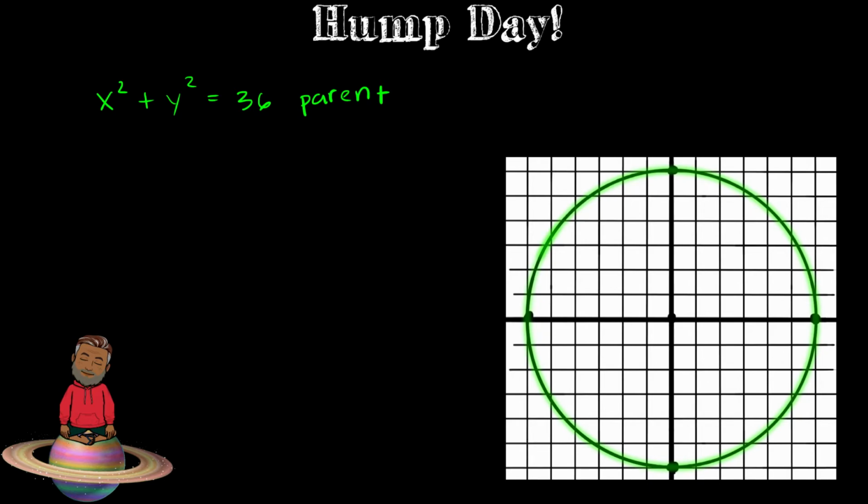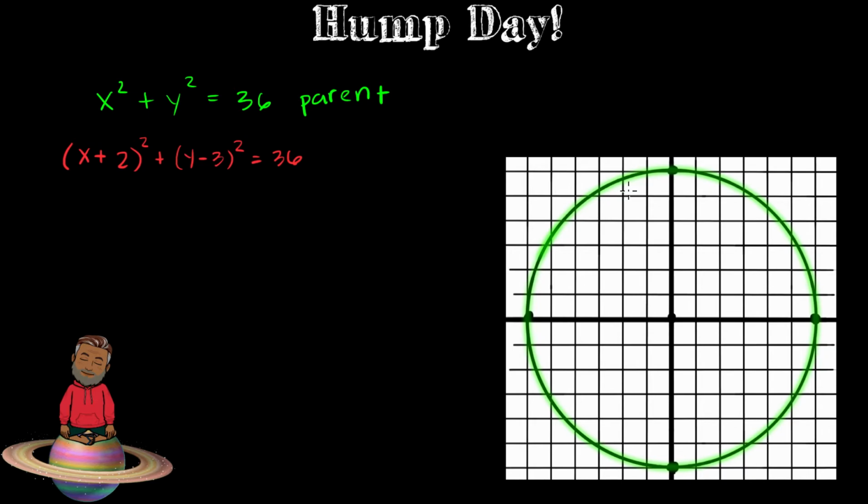So instead of moving the circle first, let's talk about what happens if we had a different equation. What if we had x plus 2 squared plus y minus 3 squared equals 36? Notice it still uses the same parent because the radius, the shape of it, doesn't change.